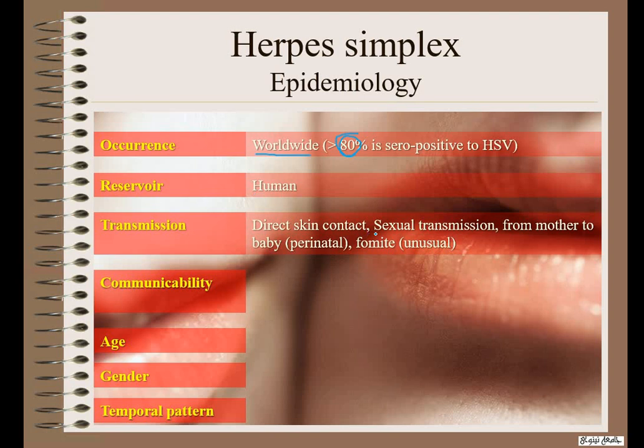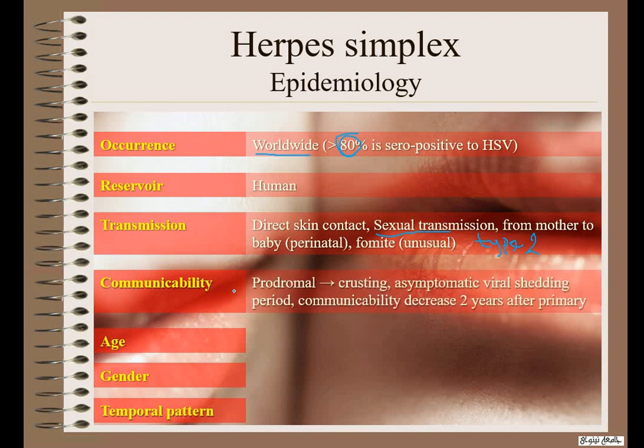Herpes simplex virus 2 may be transmitted sexually, or the patient will get the infection from his mother, that is, from the mother to the baby at the perinatal period, and lastly by the family.